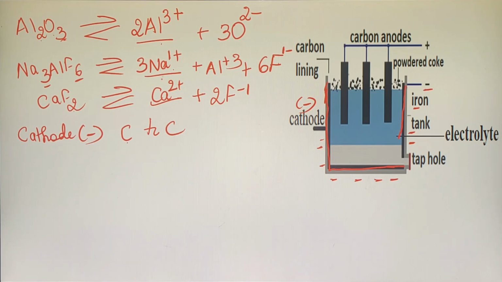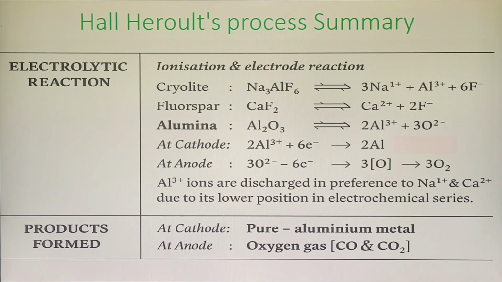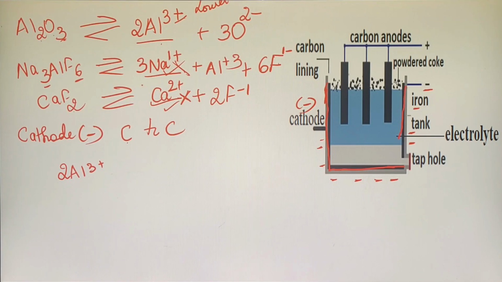So we know sodium comes first, okay, potassium, sodium, and then comes calcium. So neither sodium will get discharged, neither calcium will get discharged. Who will get discharged? It will be 2Al3+. Why only aluminium? Because it is lower in the electrochemical series. Okay, so because aluminium is lower, it will be discharged first.